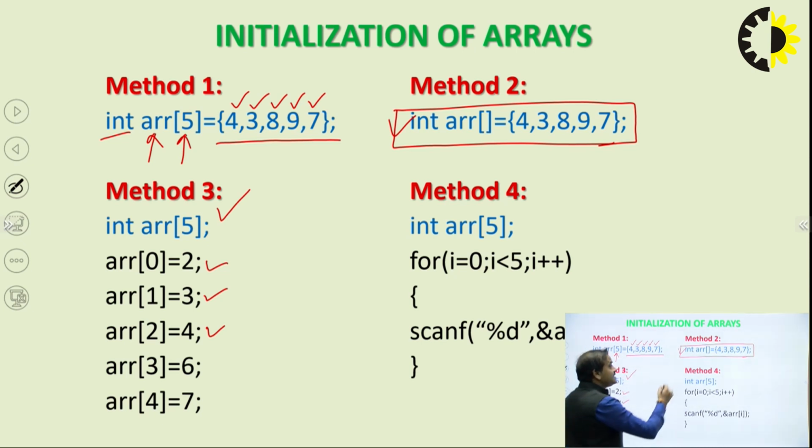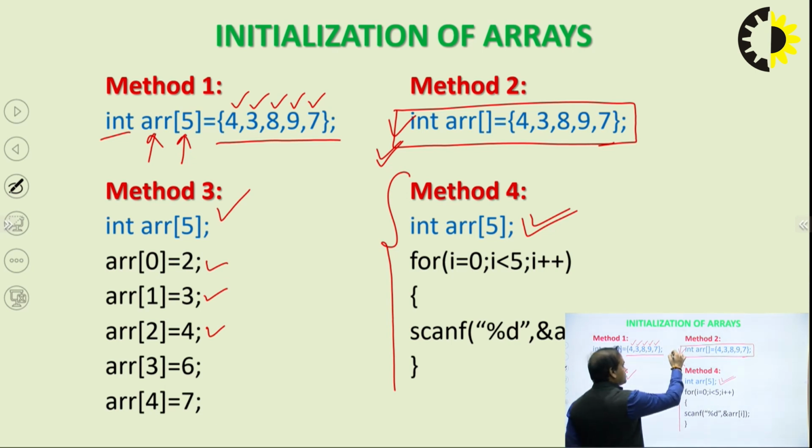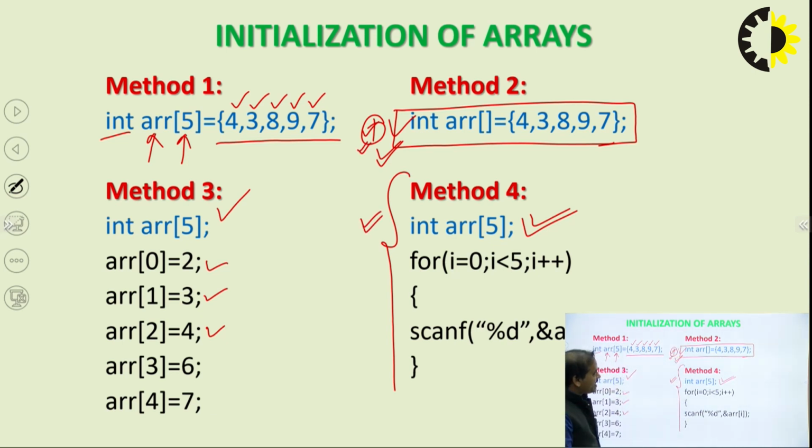But this is the excellent method which is used to insert values in the given array. This is also a method which is used to insert values at execution time, and this is also an adaptable method. So these two are the main methods adopted for declaring or initializing an array.